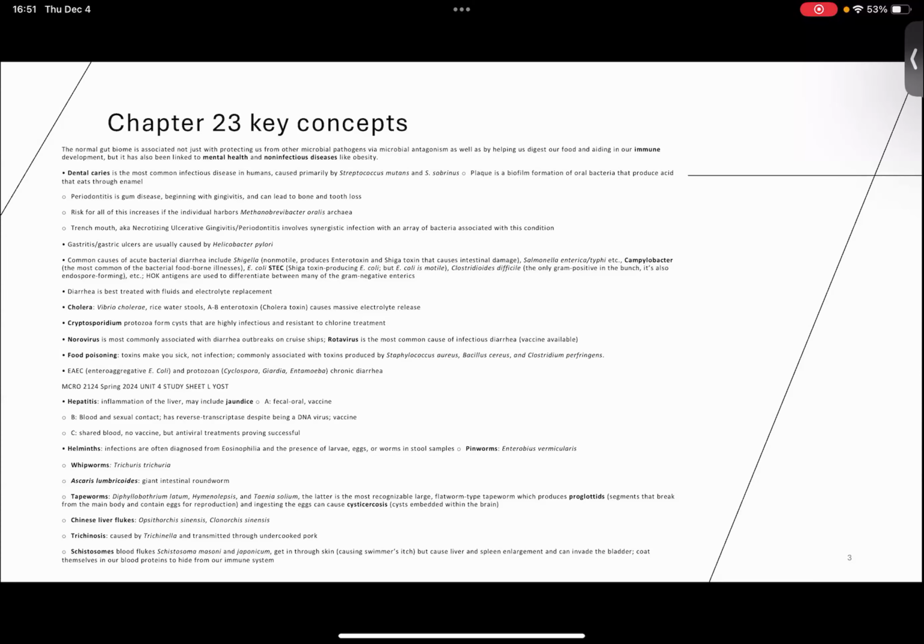Worse than that, we have trench mouth, which is also known as necrotizing ulcerative gingivitis or periodontitis, depending on the progression of it. And it's usually associated with a different kind of bacterial species, so more pathogenic bacterial species like... Fusobacterium necrophorum.